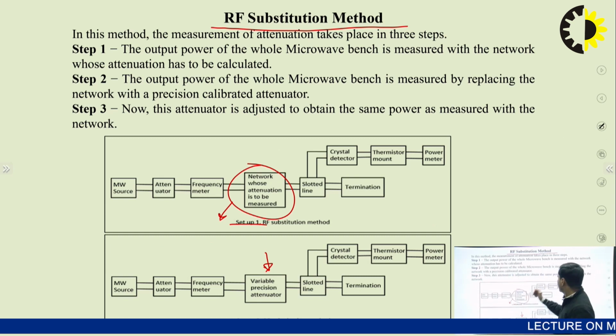So that means some attenuated value of the input power we are applying, and by the ratio we can get the attenuation.